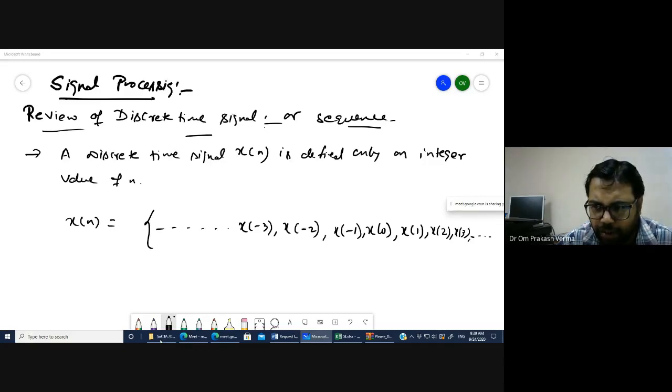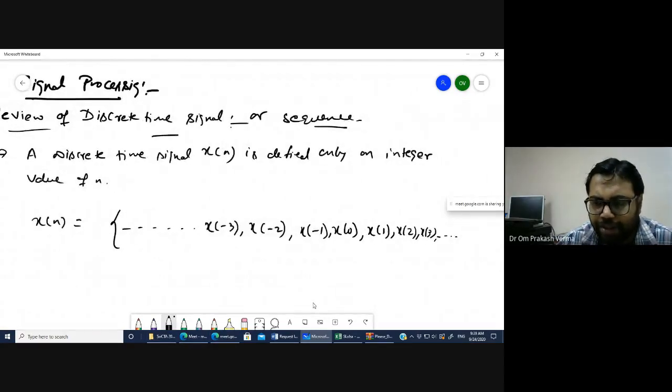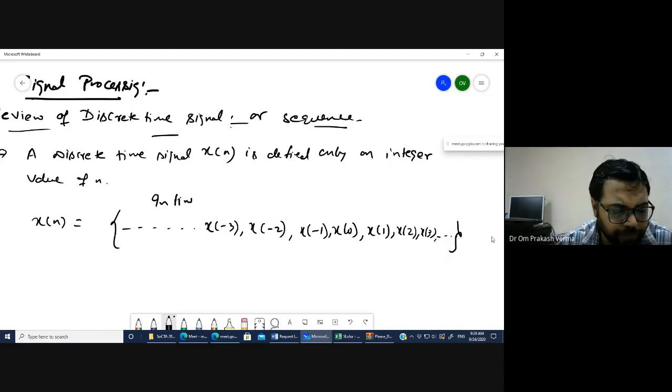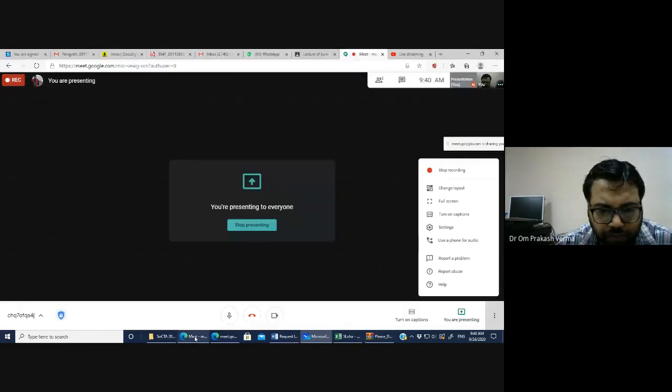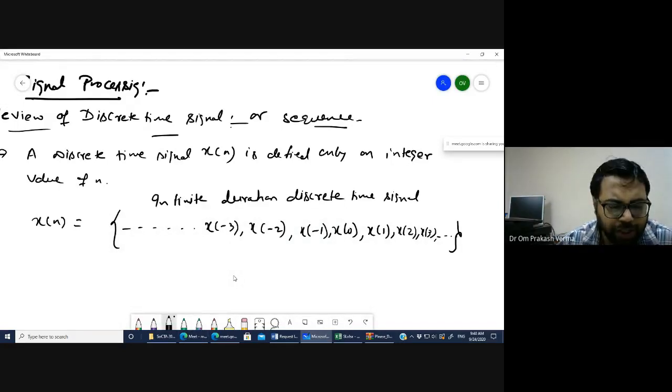Okay, so this is the discrete time infinite duration signal. Now, what is the value?